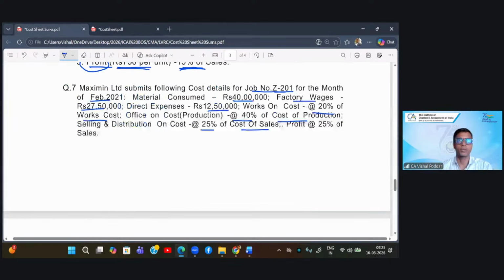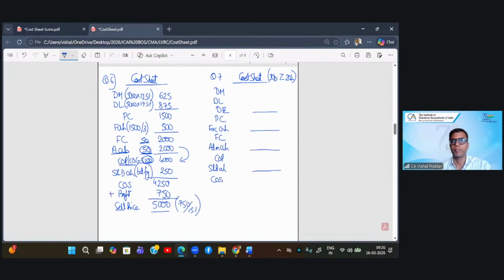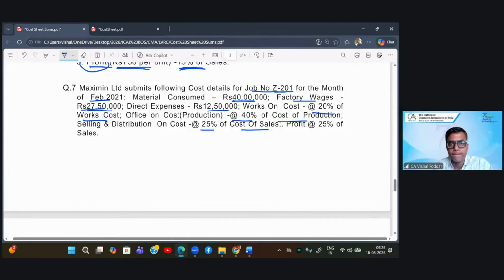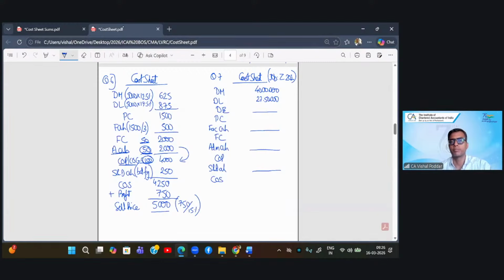Now, what are the figures which are given? Material 40, wages 2750, and expenses 1250. So the total of this comes to 80 lakhs.